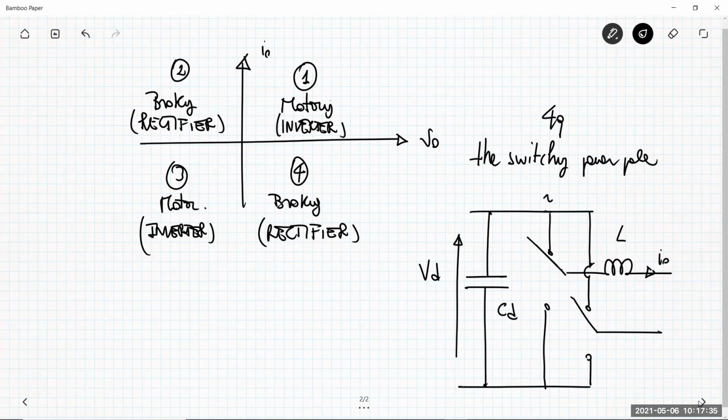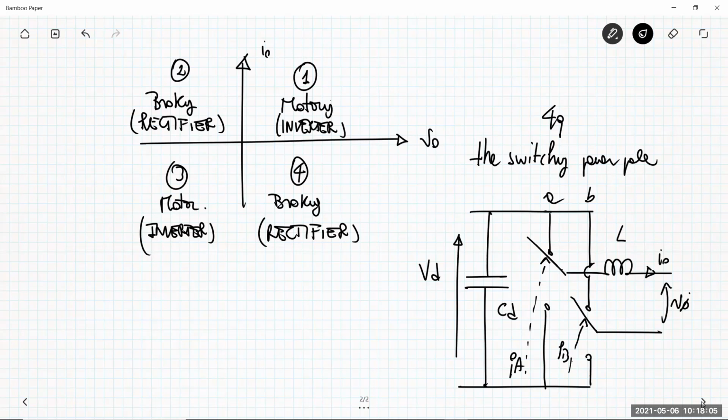This is the leg A, this is the leg B. This is the bipositional switch that can be replaced by using two switches, as we already know. This is the unitary switching function QA, and this is the unitary switching function QB. So this circuit exactly makes it possible to replicate the four-quadrant operation I just discussed.